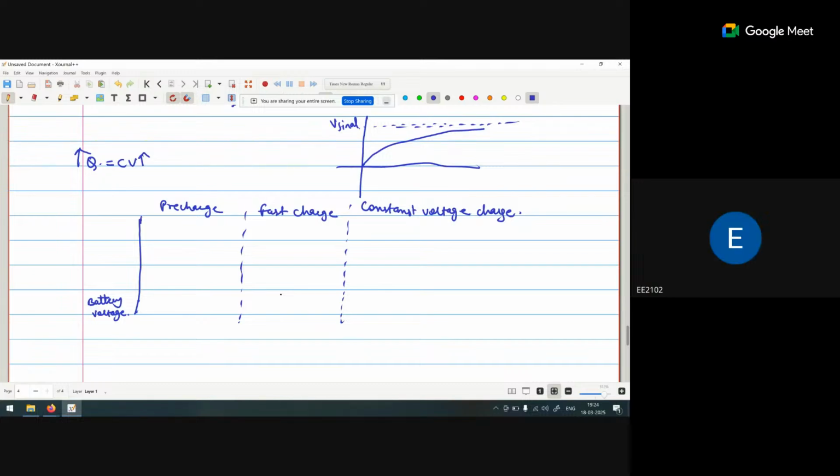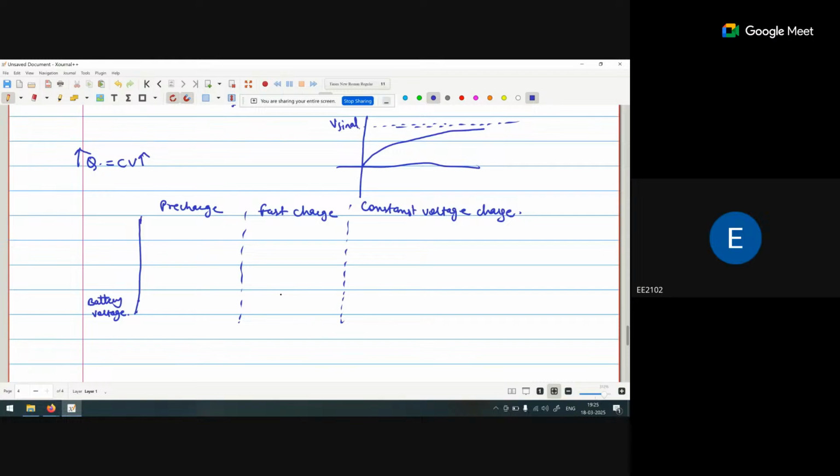So the thing is, when we say that my battery is discharged, the battery voltage is not exactly zero. If an AA cell used in some part is not providing me voltage, that doesn't mean this cell has zero voltage.